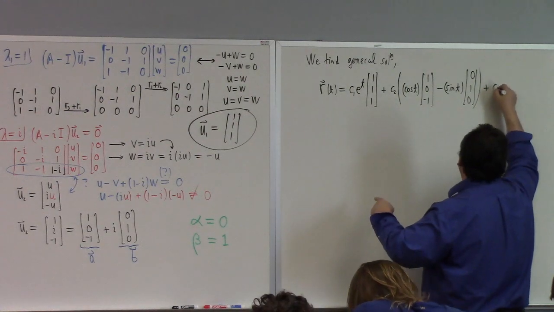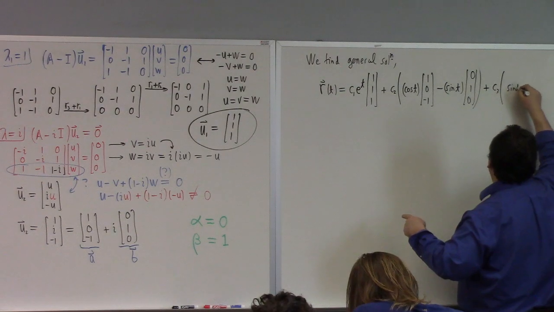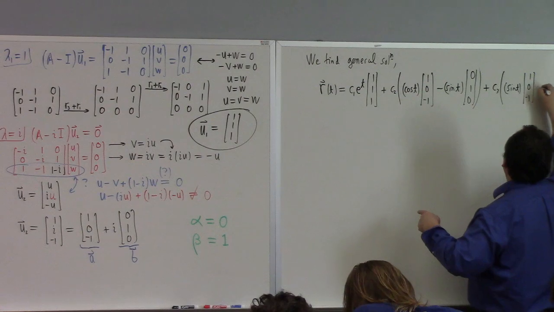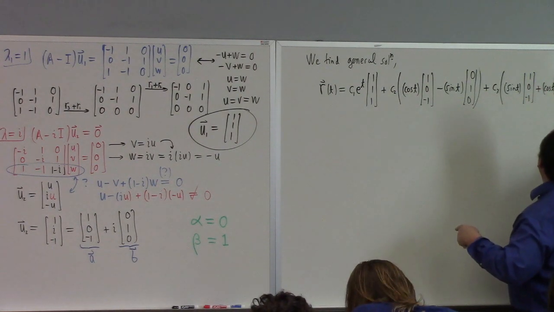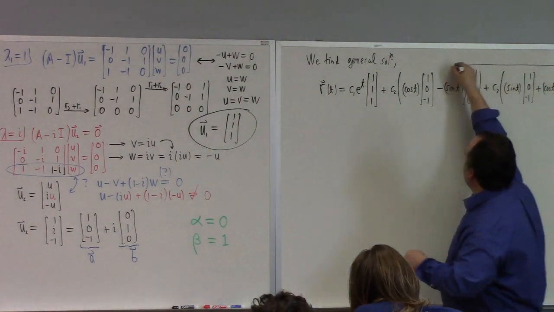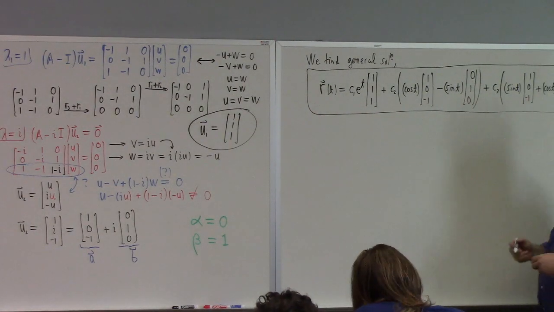Plus C3, big parentheses here, sine t times my A vector, plus cosine t times my B vector. And there you go. That is the general vector solution to this problem.